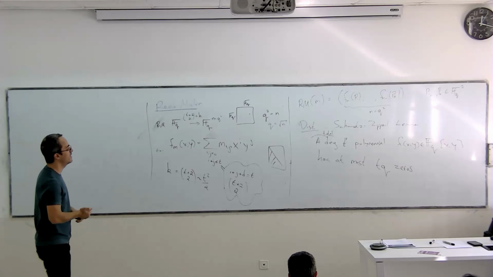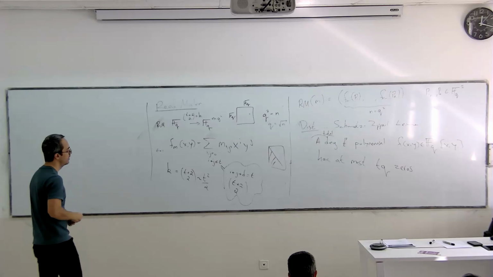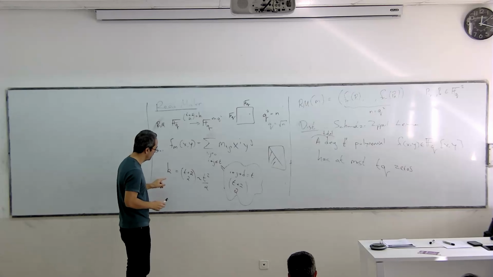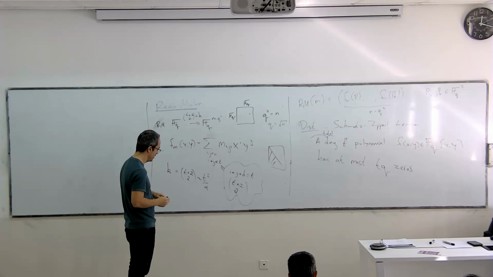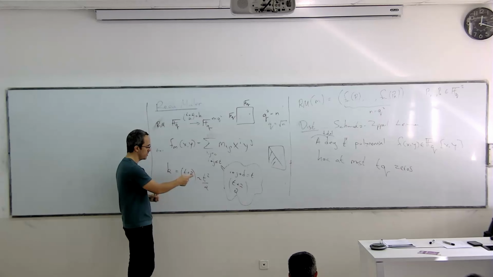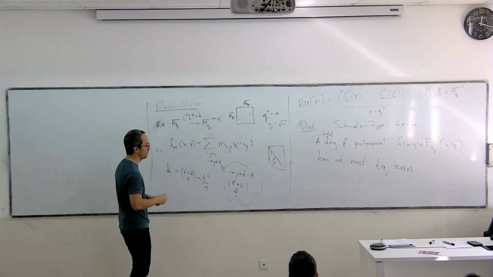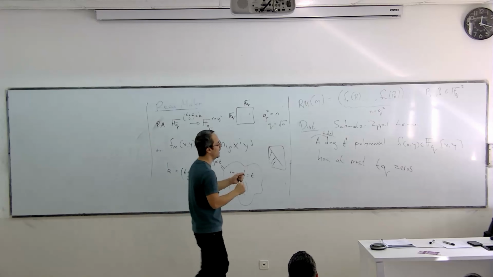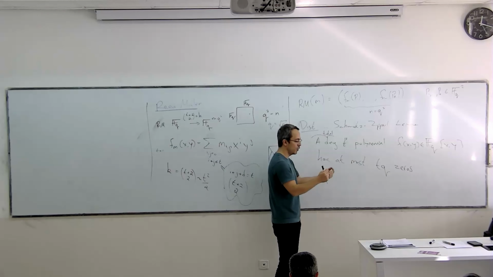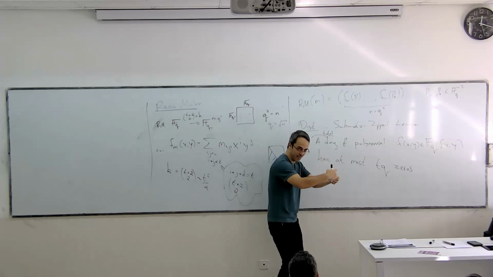So what does it tell us about our case? It just says that the number of zeros is at most TQ. And again, the number of zeros corresponds to the number of agreements.